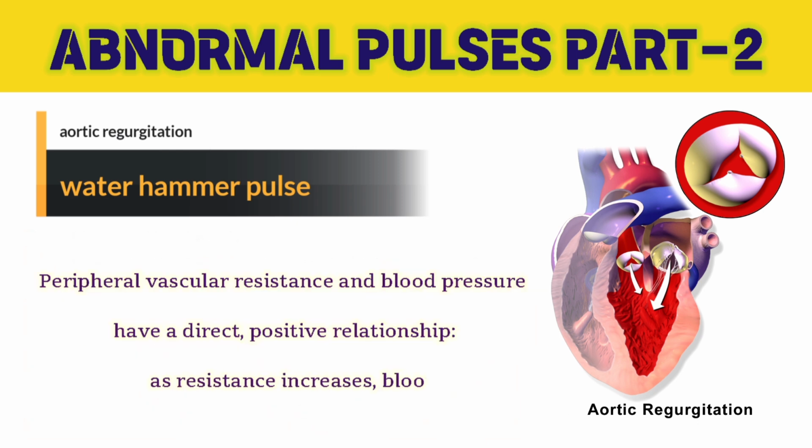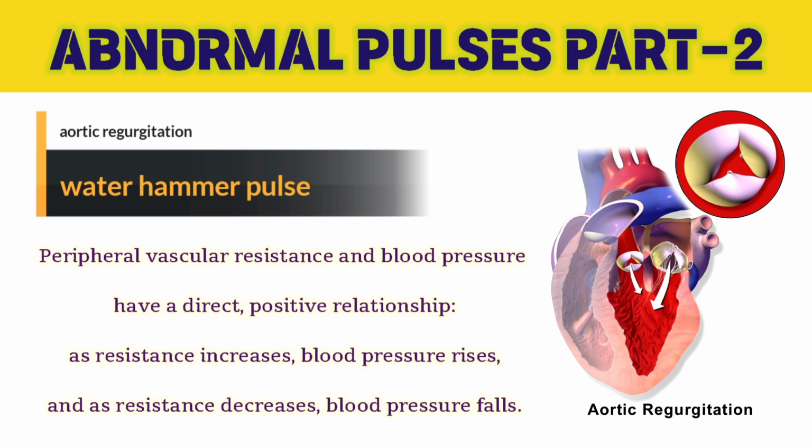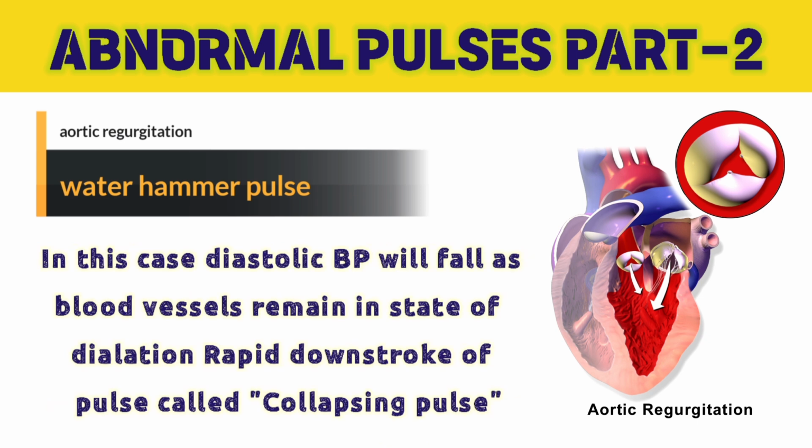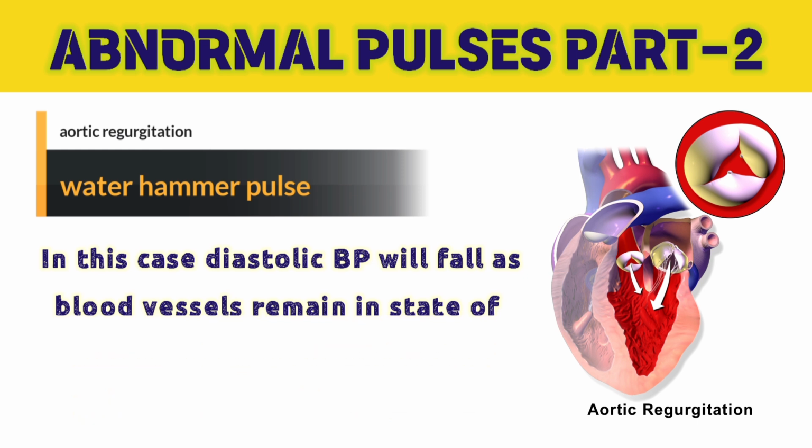Peripheral vascular resistance is directly proportional to blood pressure. So during diastole, in this case, blood pressure will decrease as blood vessels are dilated. This causes rapid fall or downstroke of the pulse. Backflow of blood from the aorta into the left ventricle also contributes to the decrease in the diastolic blood pressure.